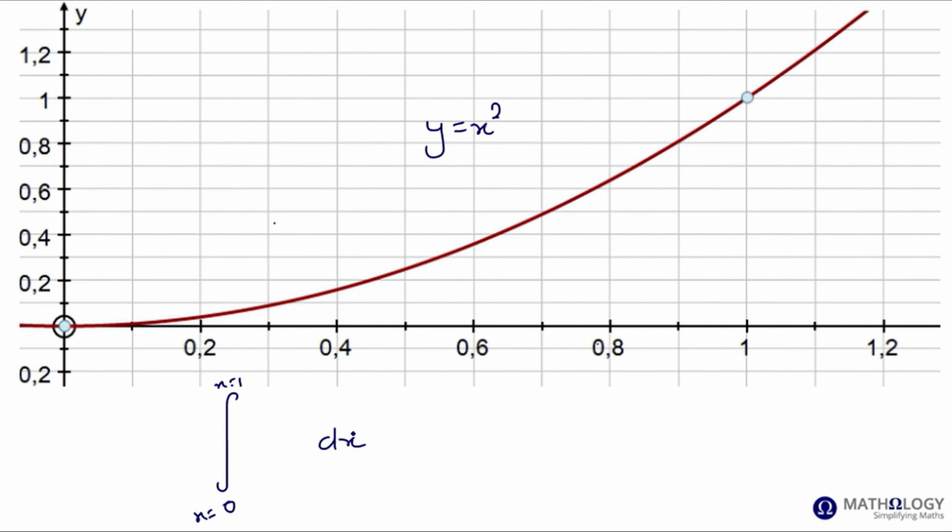Now this should look familiar because we had earlier illustrated by rectangles delta x, right, which is the width of the rectangle. So this represents the width of each rectangle, and f of xi represented the height, and f of xi is the function x squared. So we'll be integrating x squared with respect to x.